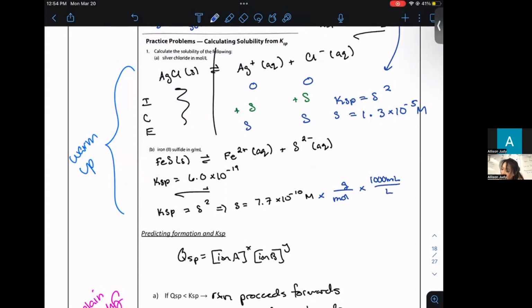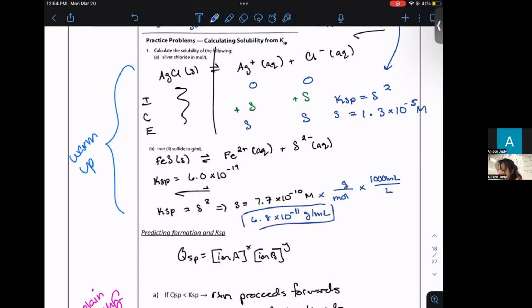And you should have gotten a value of your solubility, not in terms of molarity, but in terms of grams per milliliter, which would have given you the answer of 6.8 times 10 to the negative 11 grams per milliliter solubility for the particular dissociation of iron sulfide.